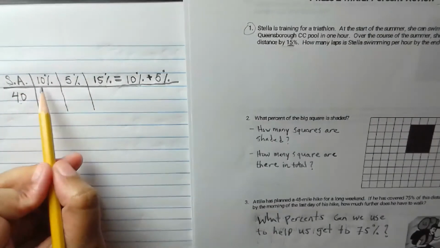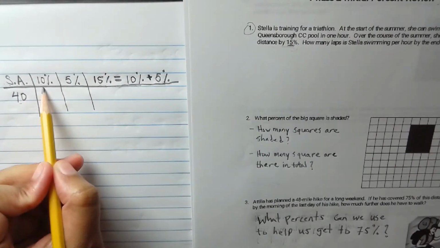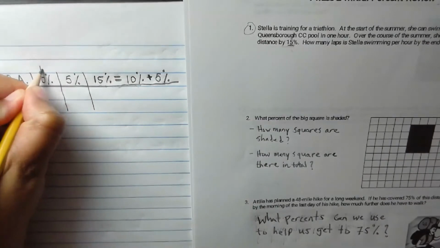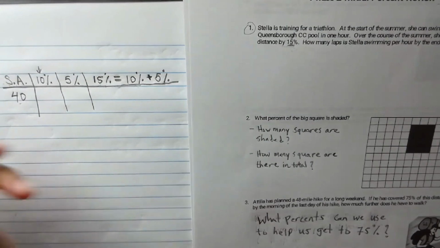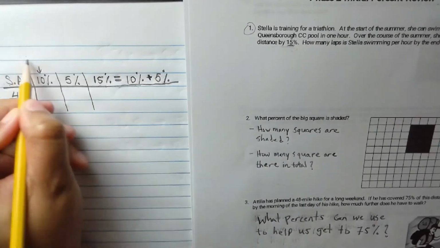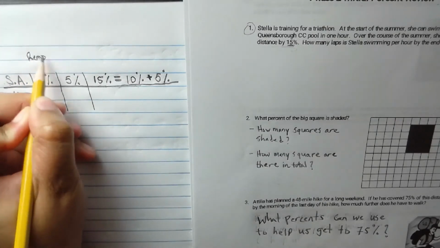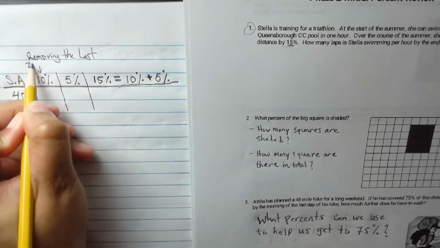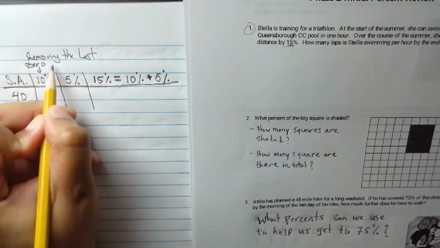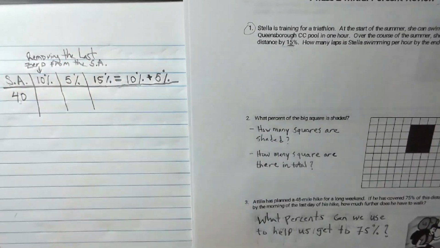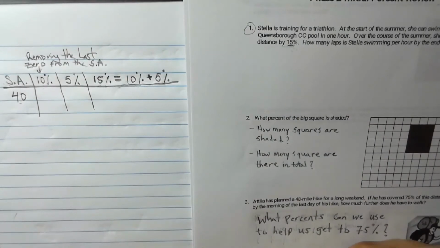Okay, so how do we think of 10%? What is 10% of 40? Well, again, if we remember from phase 1, we could find 10% of numbers like these by removing the last 0 from the starting amount.